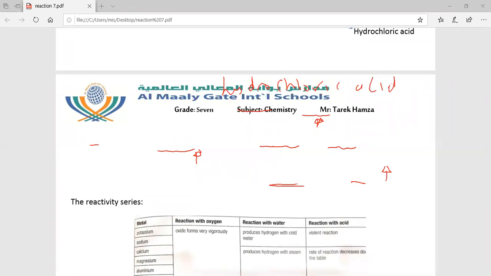K plus HCl produces KCl and hydrogen. Again, 2K plus 2HCl produces 2KCl and H2 is released.